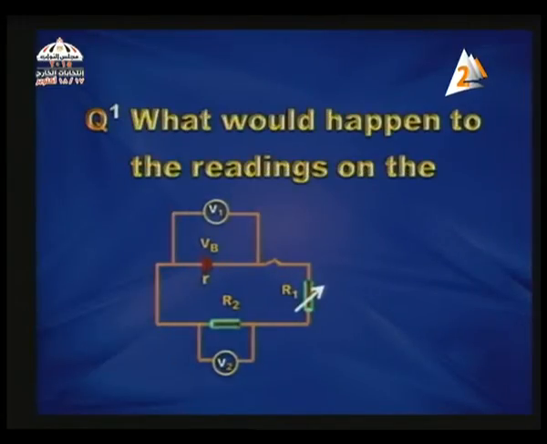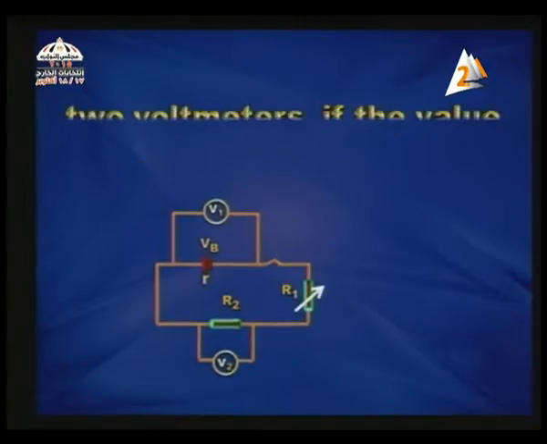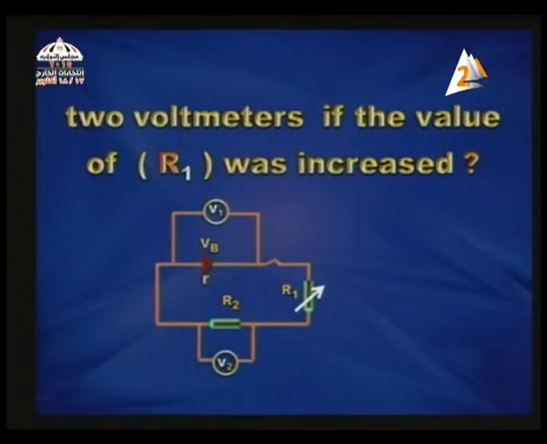Now we've got questions. First question, what would happen to the readings on the two voltmeters? Voltmeter V1 reads the terminal voltage. V2 reads the voltage just across R2. The question once again, what would happen to the readings on the two voltmeters if the value of R1 was increased?